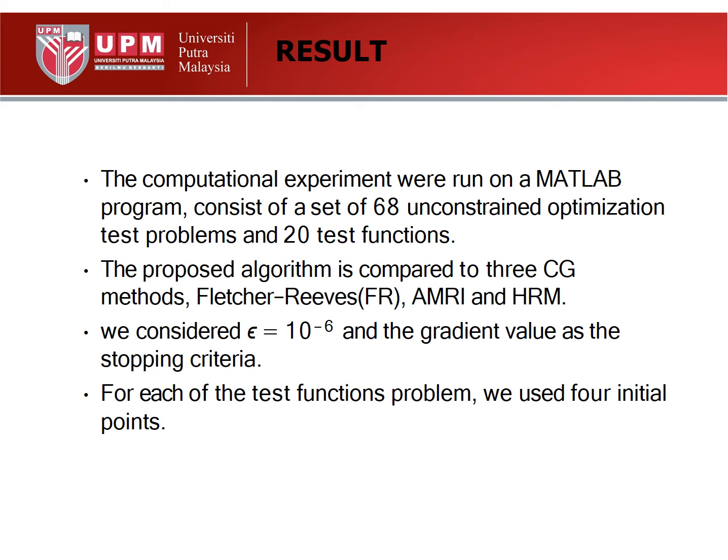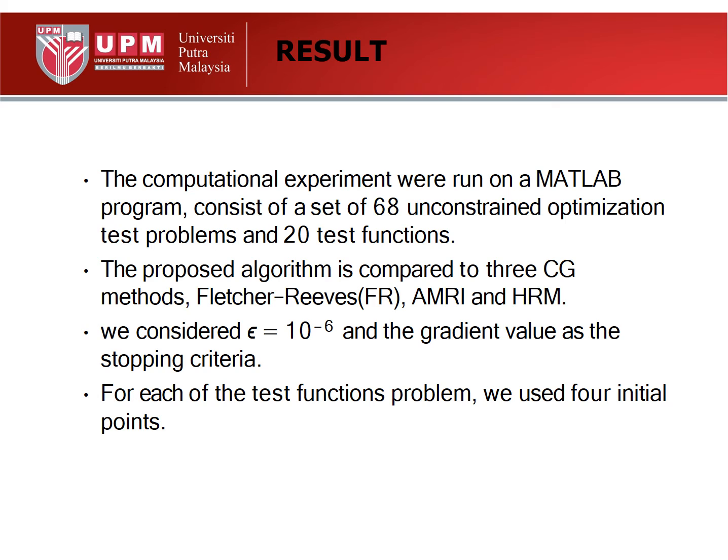So we continue to the result part. The computational experiment was run on a MATLAB program and consists of a set of 68 unconstrained optimization test problems and 20 test functions.